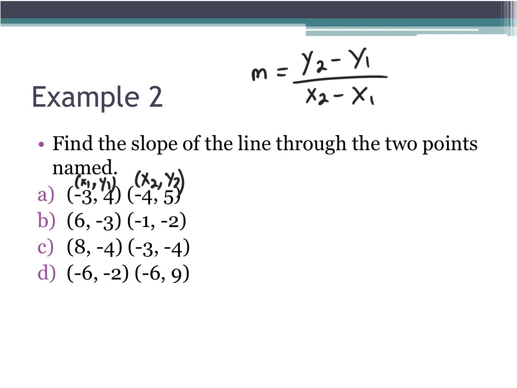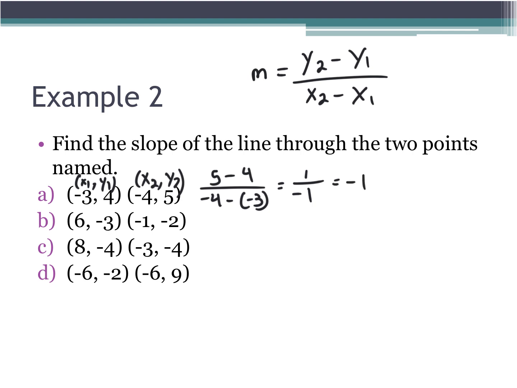So, y2, 5 minus y1, 4 over -4 minus -3. So 5 minus 4 is 1, and 4 minus -3 is -1. So we have a slope of -1. Awesome.